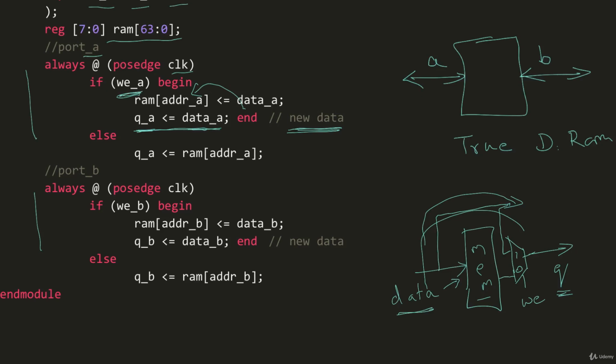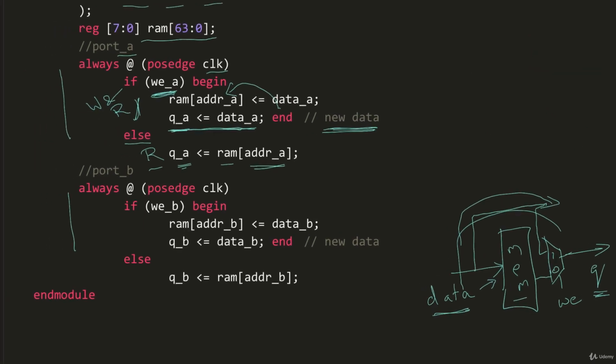Okay, so if you're writing, you do this. If you're not writing, there is an else condition. So you can do either or, right? So this condition is write and read, and this condition is only read. So in the read case, you give the address, the port A address, and you fetch the data, right?